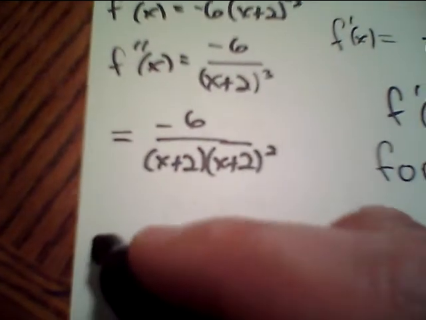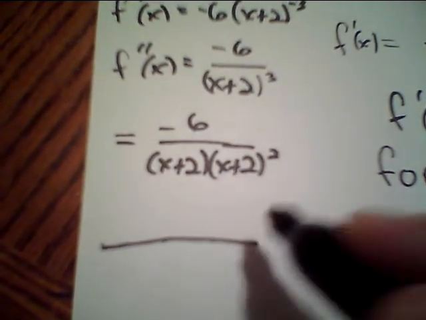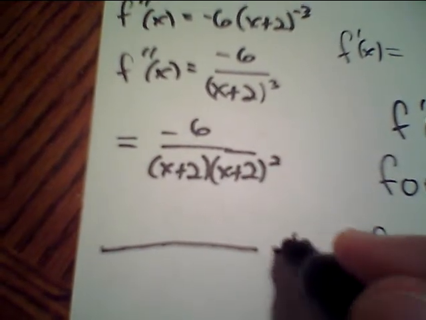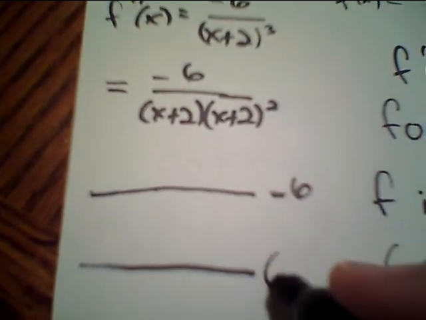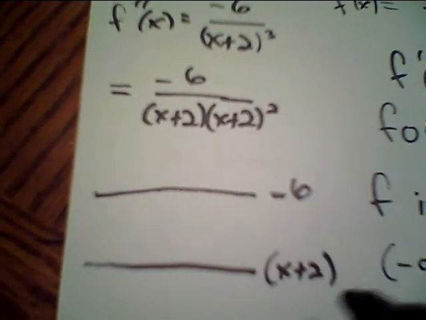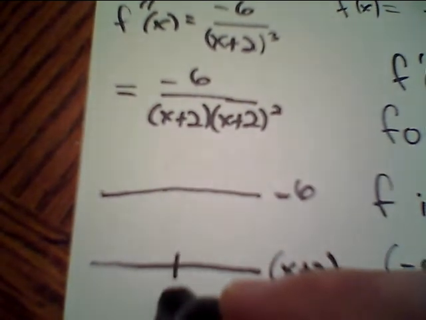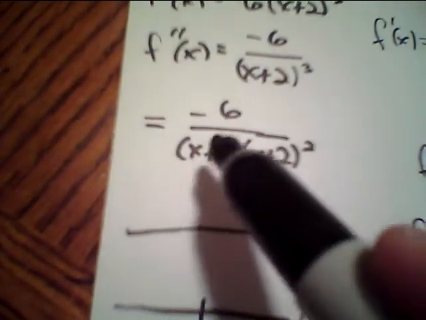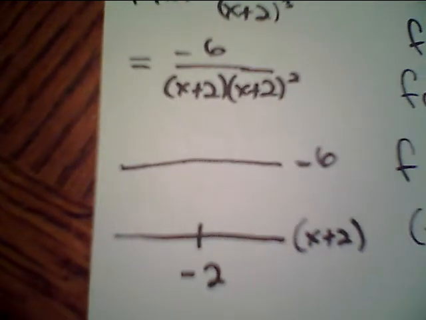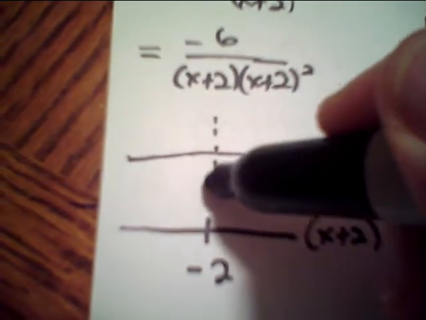So there's minus 6. I include the minus 6 because it's going to help me keep the signs straight. So x plus 2 is going to be 0 at negative 2, but that's where the asymptote is. Okay, so really we're seeing what's happening with the asymptote.